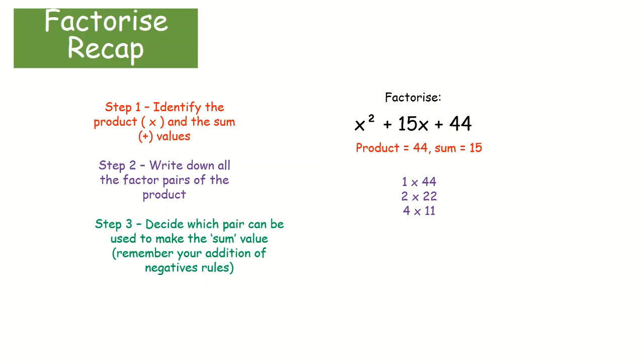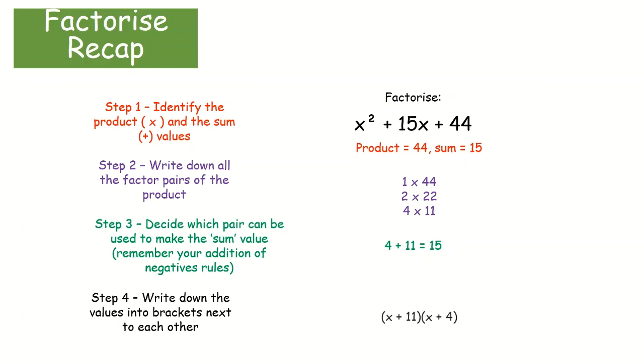So I'm not swapping. I'm not using 1 and 11, and I'm not using 4 and 22. Got to use a pair. So as you can see from those, the only pair I can use is 4 and 11. And if I'm adding together, they're going to make 15. So that gives me my 2 brackets of x plus 11 and x plus 4. They're both positive, so it just stays as plus 11 and plus 4.